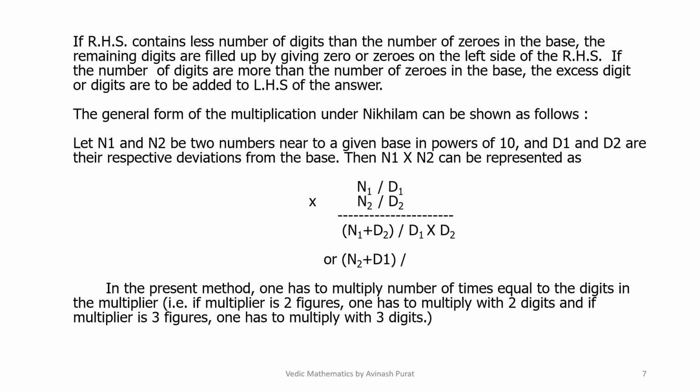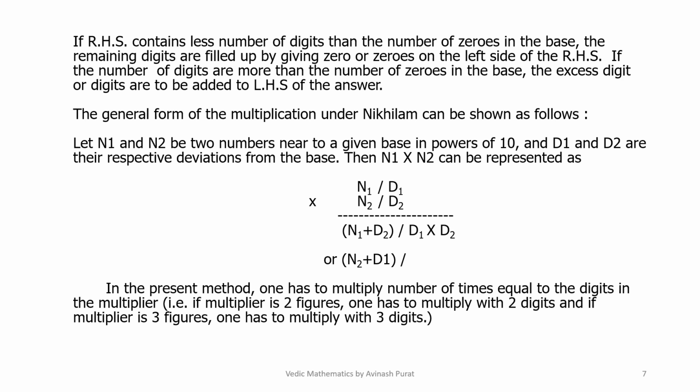Then n1 multiplied by n2 can be represented as n1 stroke d1 multiplied by n2 stroke d2. That gives n1 plus d2 on the left and d1 multiplied by d2 on the right hand side, or n2 plus d1 on the left and in the same way d1 times d2 on the right hand side.